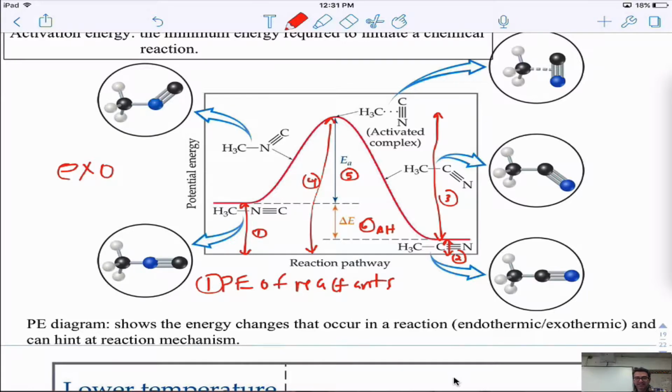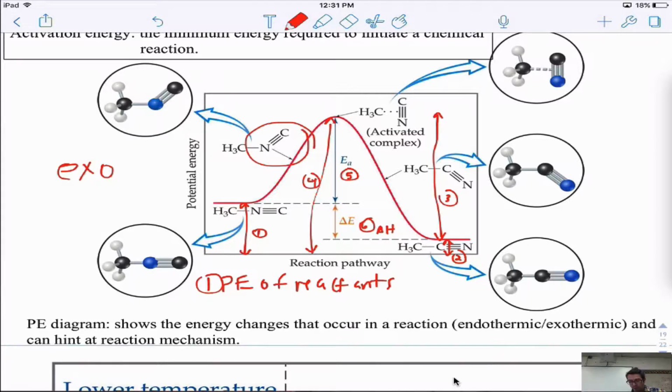And so these reactants have a certain amount of energy associated with them based on their bonds. If we heat these up, if we somehow get them to increase the potential energy, we can see that this bond right here starts to twist and vibrate in a way that will allow it to break.